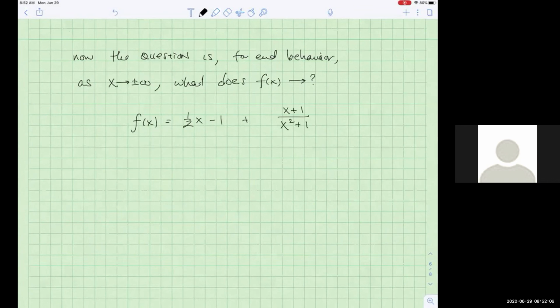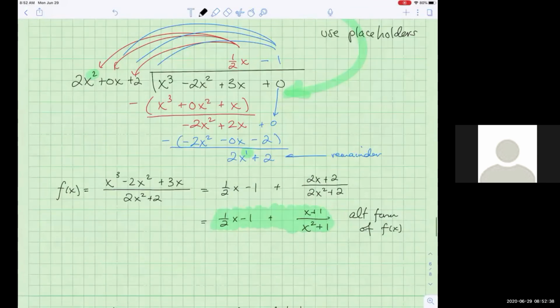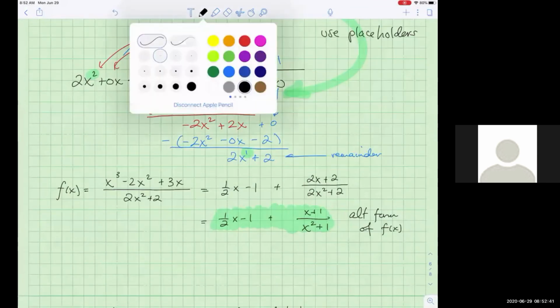Now, we've talked a little bit about this before. As x approaches positive or negative infinity, the remainder term should approach 0. So what's happening is we're plugging in very, very large numbers. And because we know this is our remainder from the long division, let's analyze this.